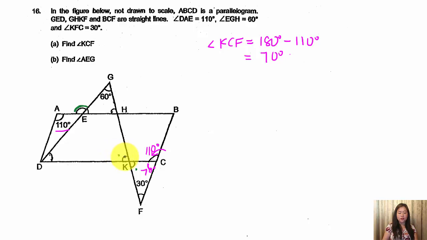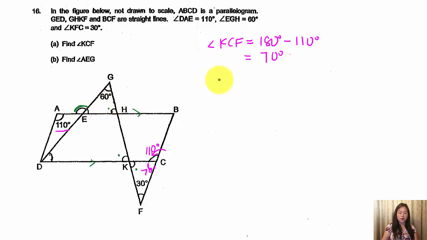And once we find this angle here, we can also find this angle here because this is actually a corresponding angle since AB is parallel to DC. And if we have found this angle here, we can definitely find angle AEG because one exterior angle is the sum of two interior angles.